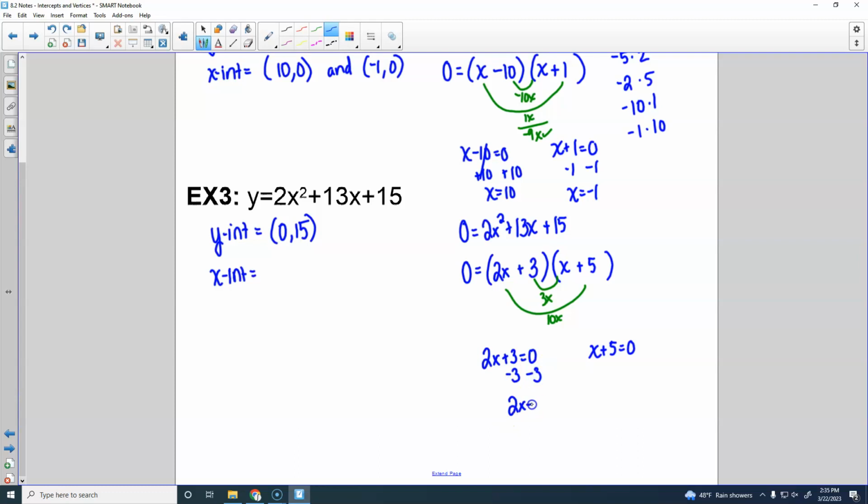So 2x equals negative 3. We're going to divide by 2. And x equals negative 3 halves. And then over here, you're just going to get that negative 5. So we would have negative 3 halves, 0, and negative 5, 0.